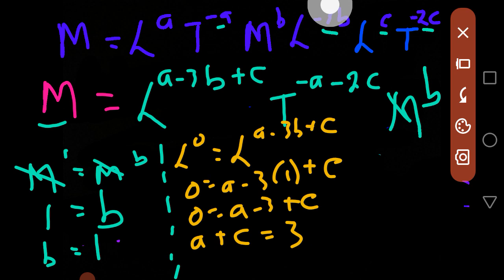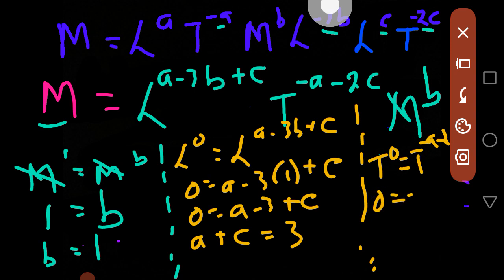But then I also have this other one here, which says that T to the power 0 is equal to T to the negative A minus 2C. So it's going to be 0 is equal to negative A minus 2C. So positive A is equal to negative 2C.